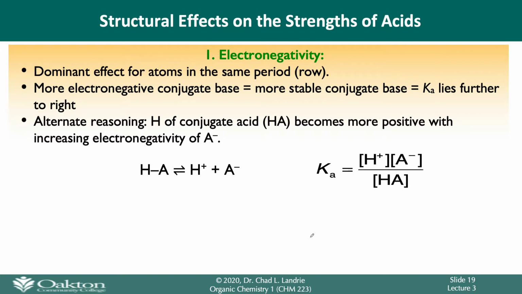Next, we want to talk about the structural effects on the strengths of acids. This is the real power in this course. We don't want to necessarily memorize hundreds or even thousands of pKa values for organic compounds. We want to be able to predict what their pKa is just by looking at their structure.